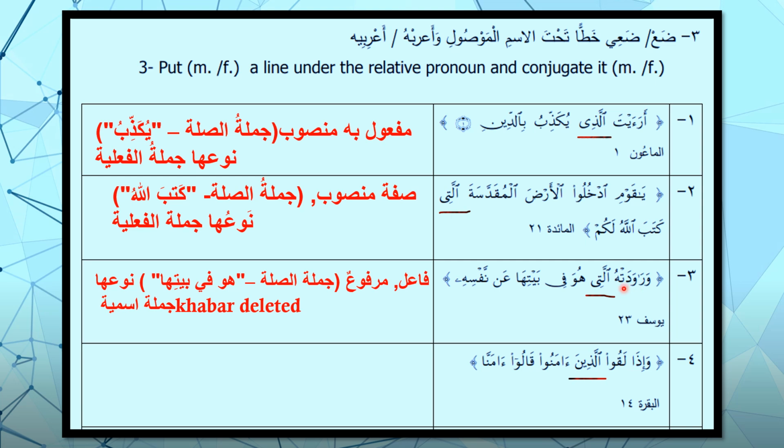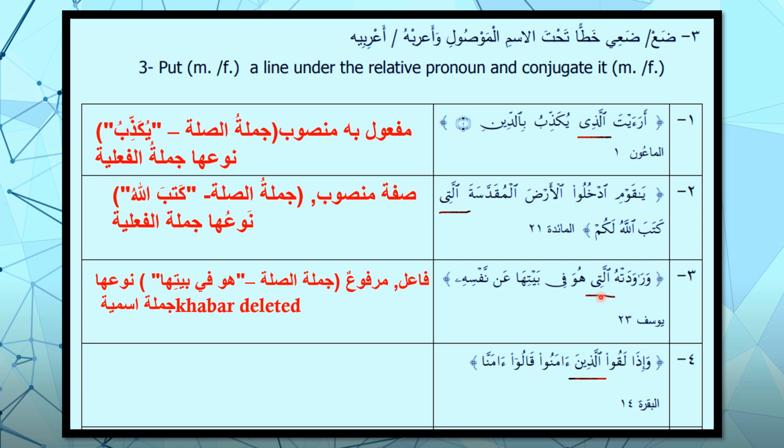The ta of tanis is just the femininity, showing that it is used for the feminine. And the hu damir is coming in the position of maf'ul bihi. So we have the fail, the file hidden in it, taqdiruhu hiya, and the hu damir is coming in the position of maf'ul bihi. So we have our jumlatul fa'iliya here.